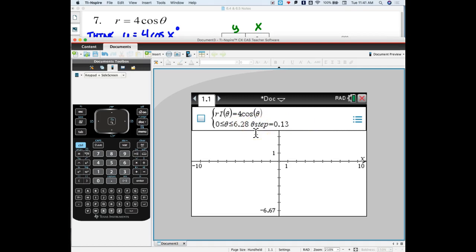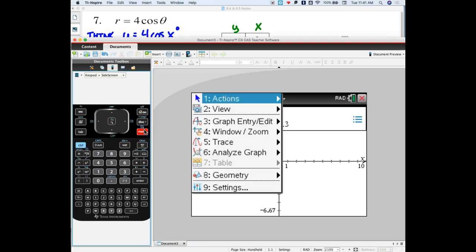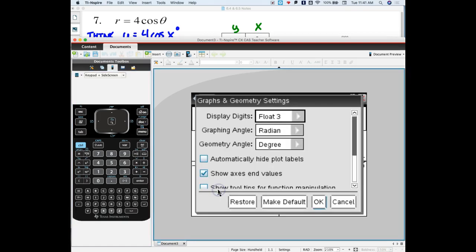Okay? Now, to make it be in degrees like your graph on the paper that you're going to have to do, we're going to go back into menu, and we're going to go down here to settings. And we're going to change our graphing angle into degree.